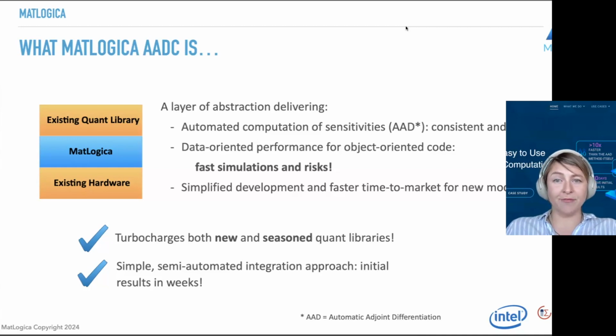For those of you who have a quant library already, be it based on QuantLib or something else, we have a simple and semi-automated integration approach. Our clients see initial results in weeks. And in case of Python, we recently saw results achieved in 3 days with 15,000x performance improvement.